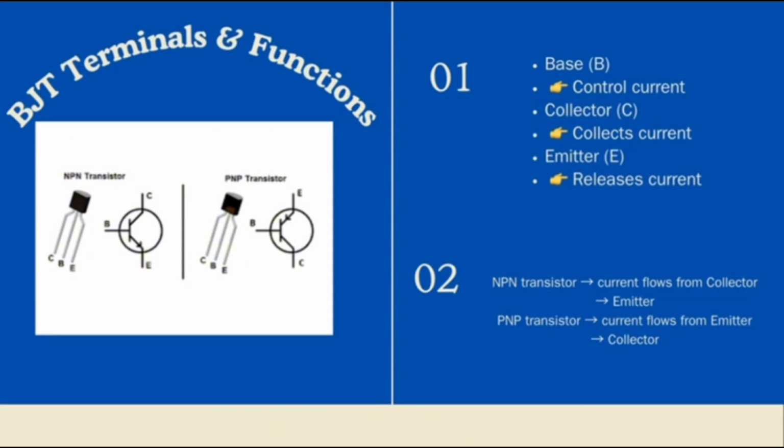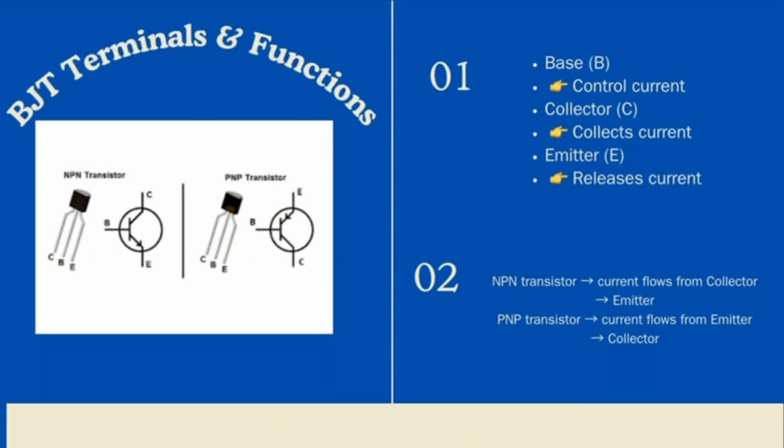But for a PNP transistor, the current flows from the emitter to the collector when the base is activated. This difference in current flow direction is important when designing electronic circuits. Overall, the base controls the transistor, the collector brings in the current, and the emitter releases the current.